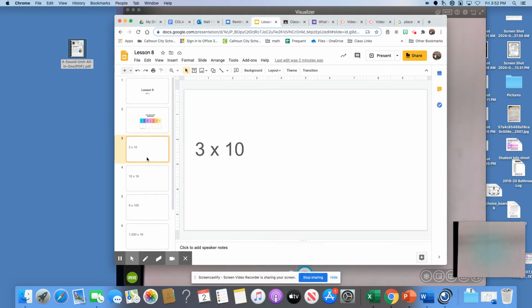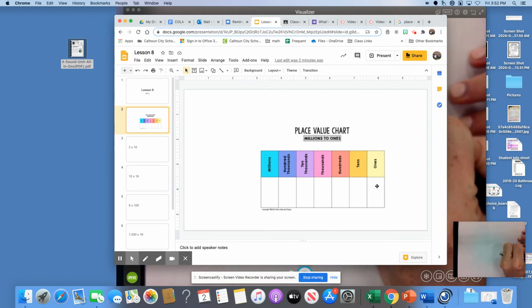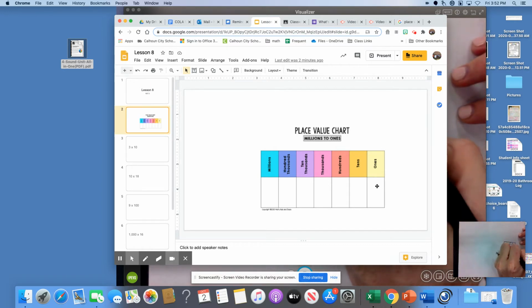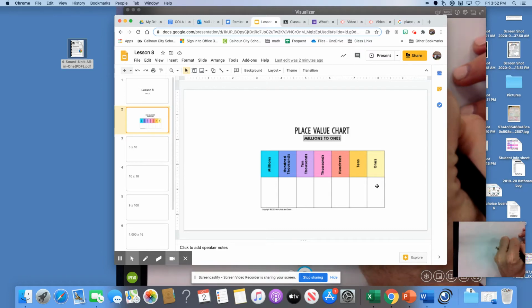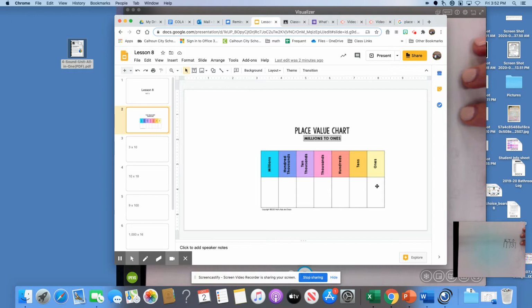So the first one we're going to talk about is 3 times 10. Now, again, if you look at our place value chart, if I were to put 3 in the place value chart to start, I know 3 in my place value chart is in the ones place. So here's my ones place.